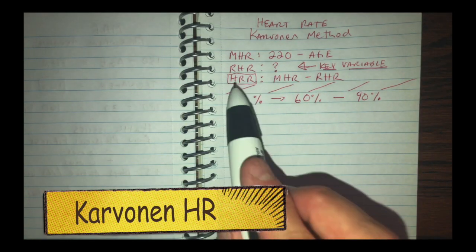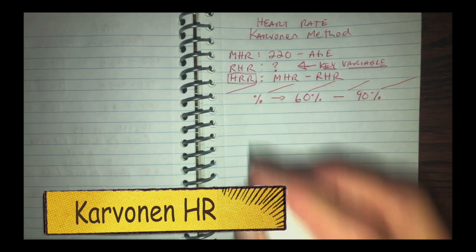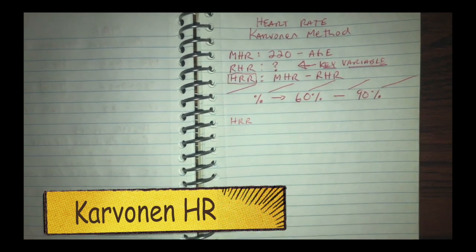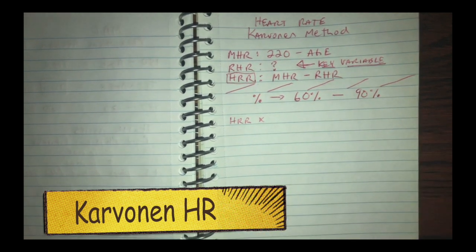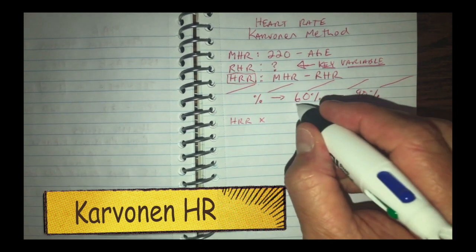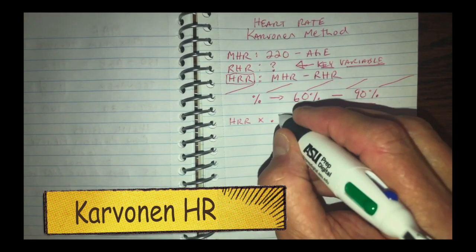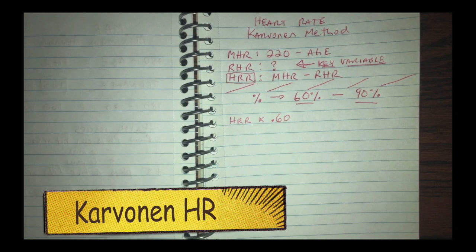Again, we have our heart rate reserve, whatever number that is. Now we will take our heart rate reserve and multiply it by the percentages we choose. For this, we're just going to stick with 60 and 90%. The first thing I do is multiply by 60%. Remember, 60% converts to 0.6. Okay, 0.60.